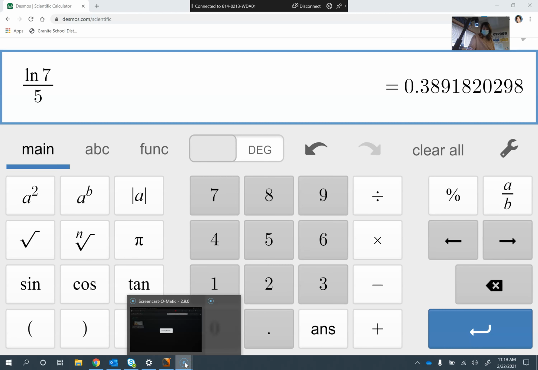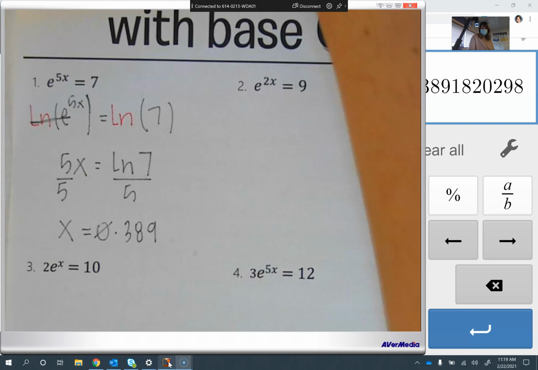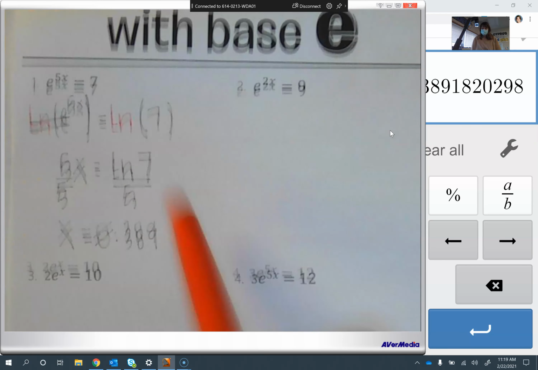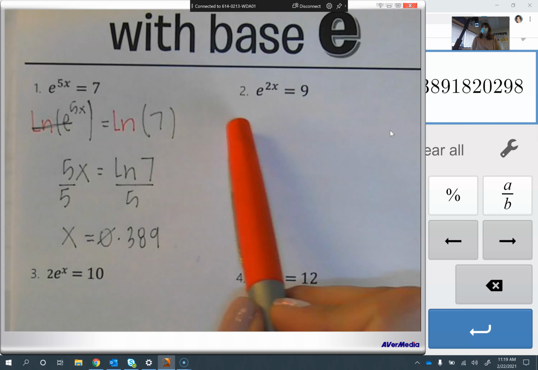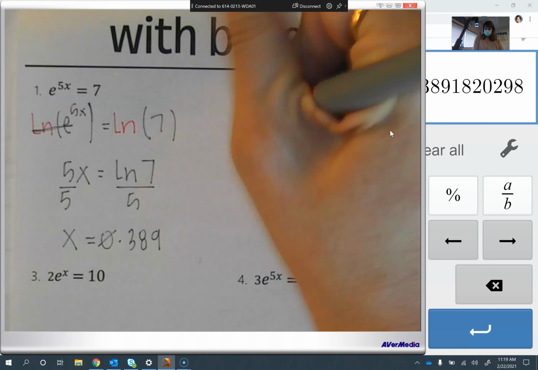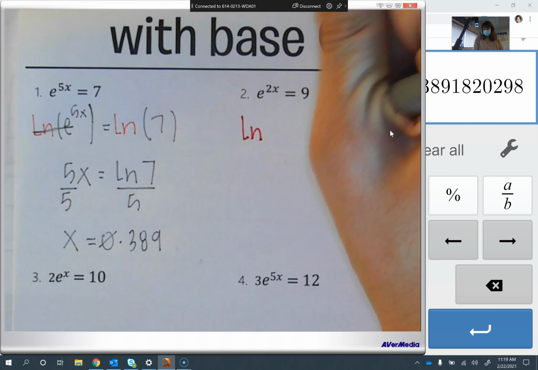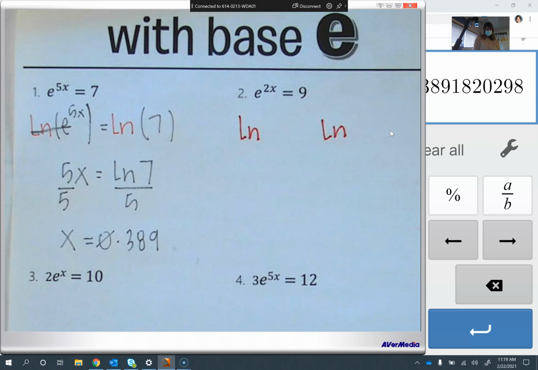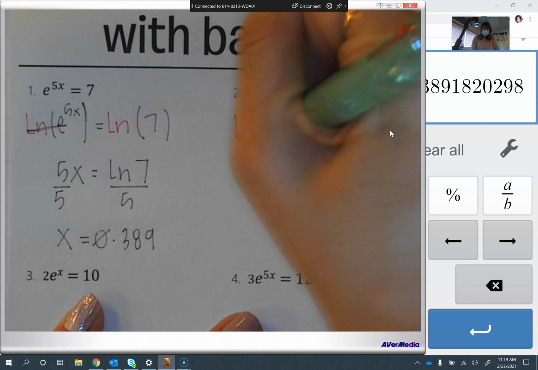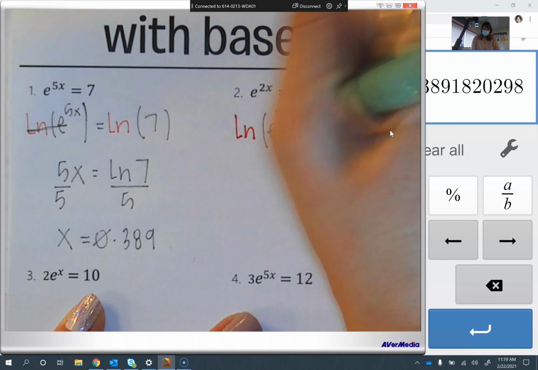let's try number 2. So number 2, it's the same exact situation. These two look exactly the same. So the first step is to take the natural log of both sides. So the left-hand side is going to be the natural log of e to the 2x.